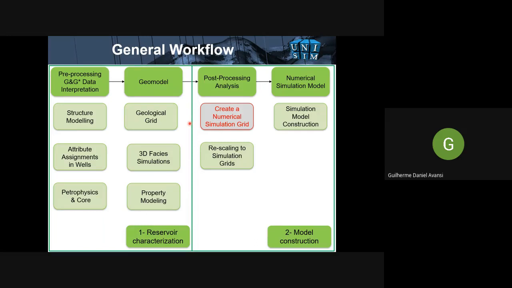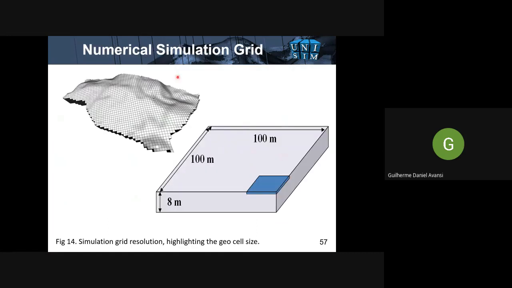So the next step, I have all these steps performed. I will move to the next one, which is to create a numerical simulation grid. Just remember, when we built the geological grid, we had a resolution of 25 by 25 by 1 meter. Now we move to build the numerical simulation grid.